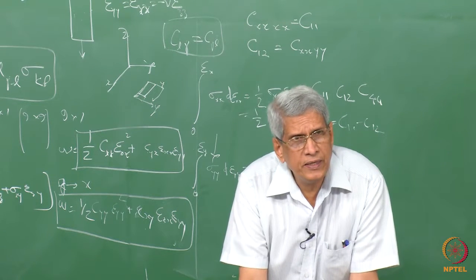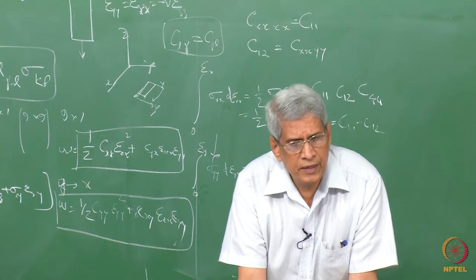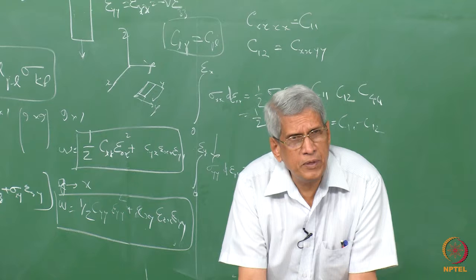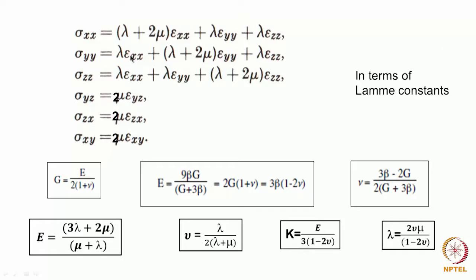On this basis, for an isotropic case, we can find the relationship between stress and strain using generalized Hooke's law. If you try to represent them, this is the form in which the expressions turn out to be.